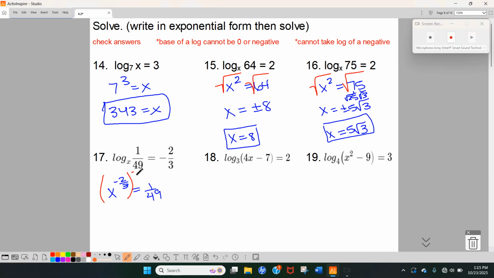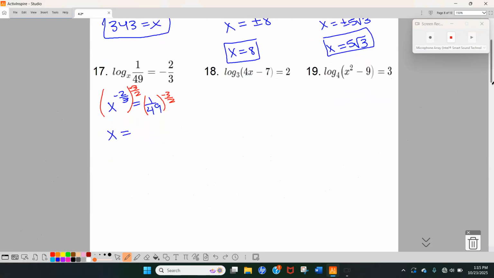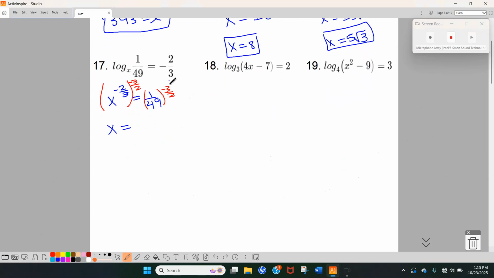Since it's negative, I'm going to keep it negative, so raise it to the negative 3/2. All right, so then we get just x, and let's make myself a little more space. Because it's negative, I'm going to flip it and make it 49 to the positive 3/2.